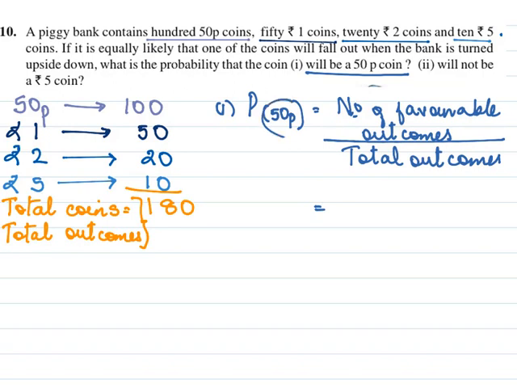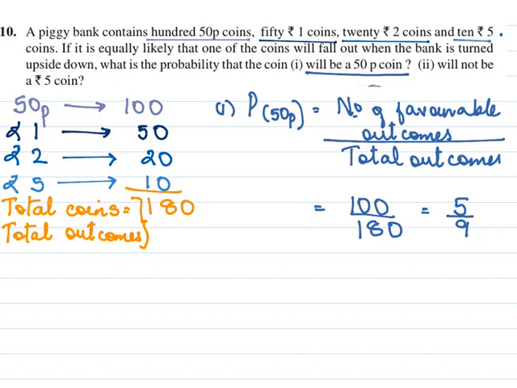Now the favorable outcome here is of 50 paise. And how many 50 paises do we have? We have 100 50 paises. So it will be 100. And the total outcomes we know is 180. So 100 over 180. And when you reduce this, you get 5 over 9.